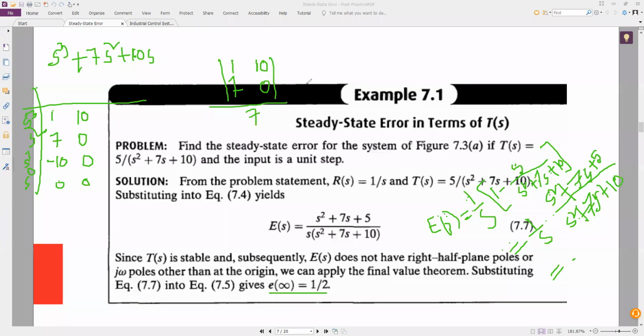If you calculate, 0 minus 70 by 7, that means it's minus 10. If you put the minus, then it will be okay.